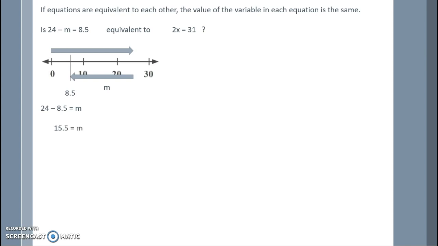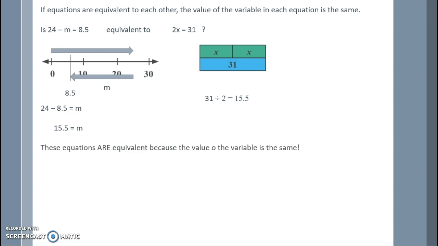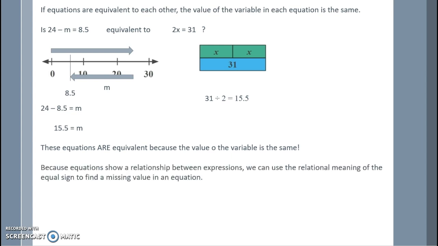And that would be 15 5/10. Let's look at 2x equals 31 using a tape diagram. 2 pieces of what gives me 31? So if I divide 31 into 2 different pieces, each piece would have to be 15 5/10. These equations are equivalent because the value of the variable is the same.